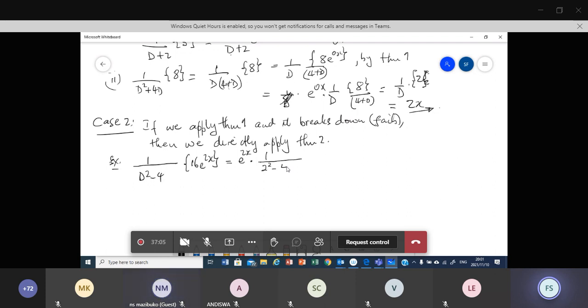But when we look at that, that is e to the power 2x, 1 over naught, that is 16, and 1 over naught is undefined. Then we say Theorem 1 fails because we can't continue with that. It's undefined.